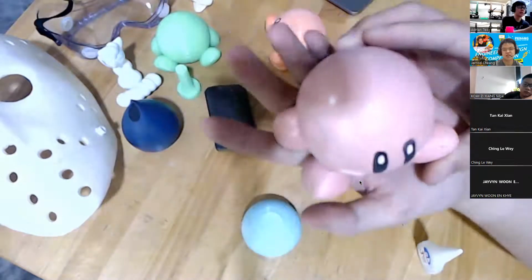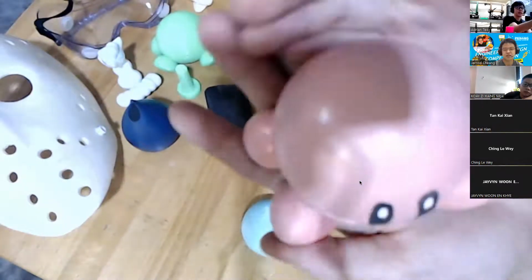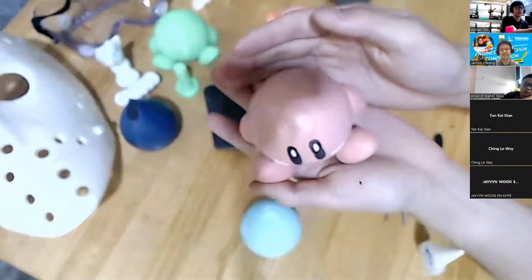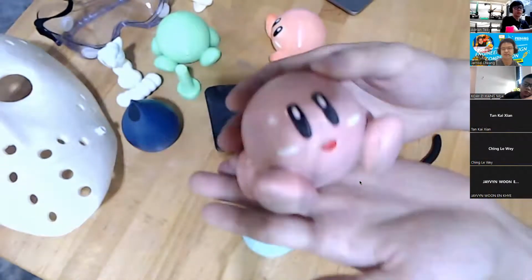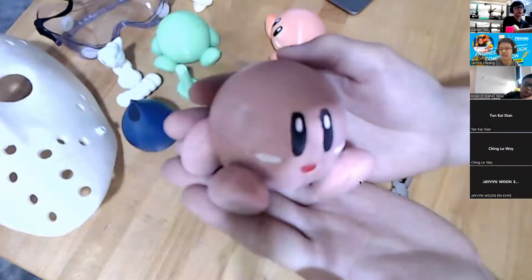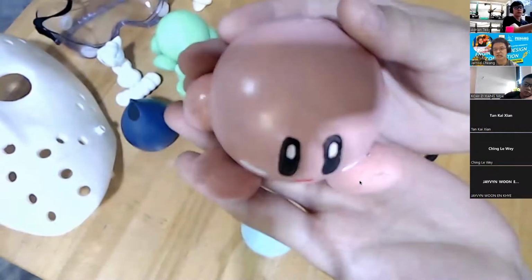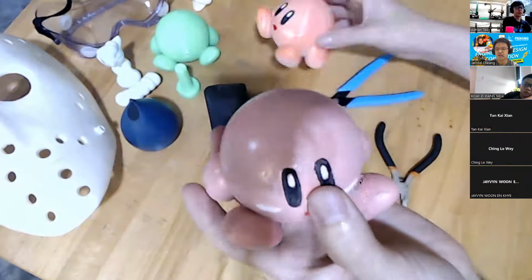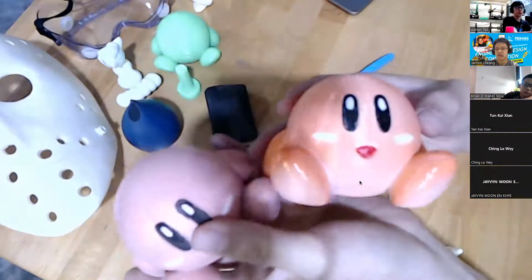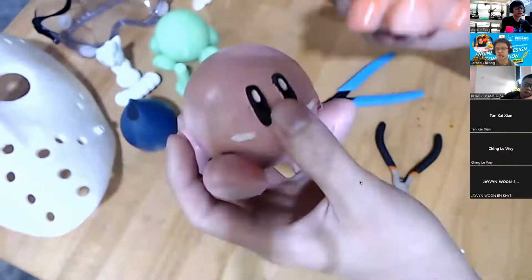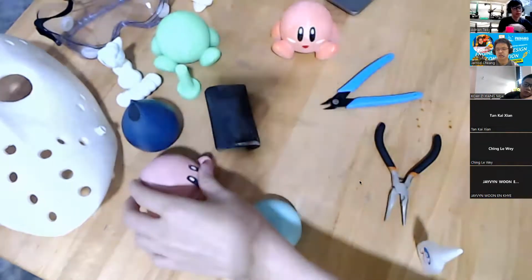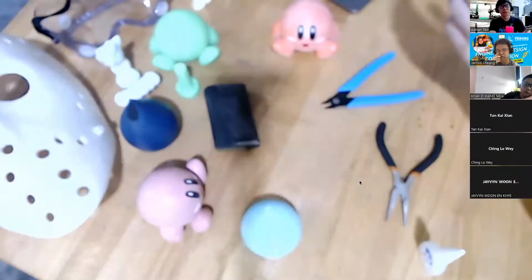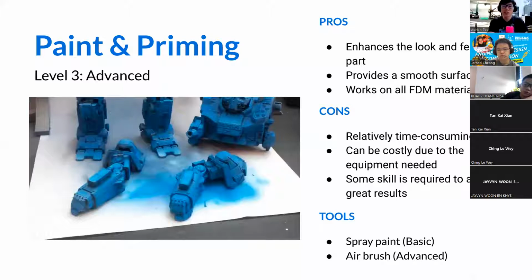So it looks a bit depressing. I can't really zoom again. It's very hard to zoom here. Yeah, it looks sad. But this one looks nice because I took my time to slowly work on it. So you can't really rush post-processing. It's dangerous to rush it too.